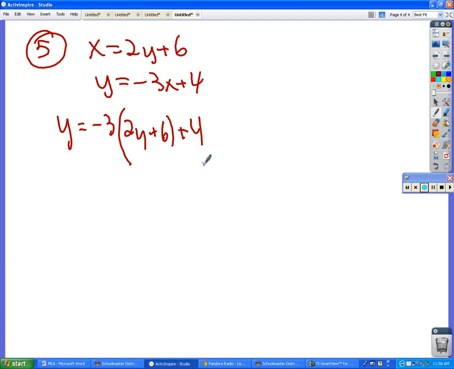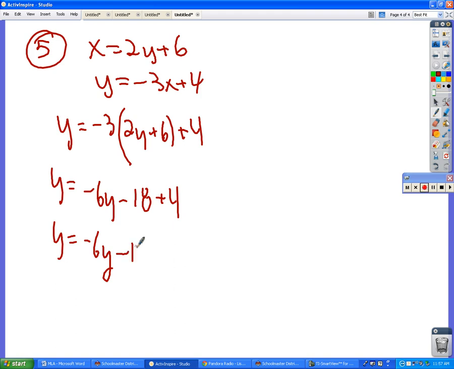So what do I do now? Distribute. So -3 times 2y is -6y. -3 times 6 is -18, and then that's +4, right? So if I combine my like terms, what's -18 plus 4? -14.